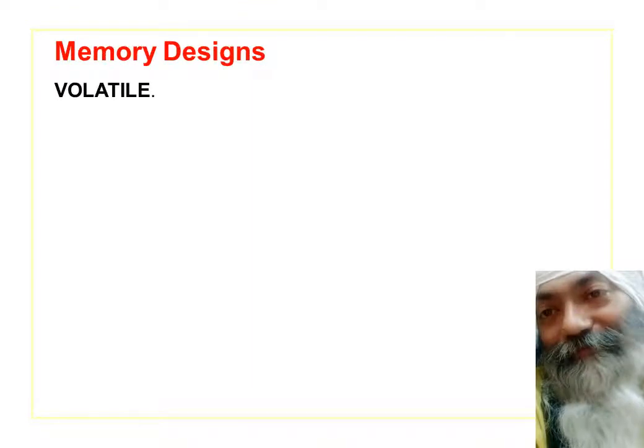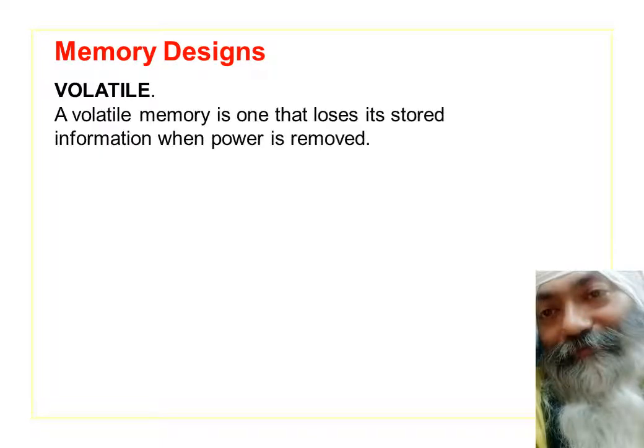So friends, talking of the memories, these memories come in two different categories. The first category of memory is a volatile memory. What do you mean by volatile memory? It means that in case you remove the power, all data which is stored in the memory is lost.